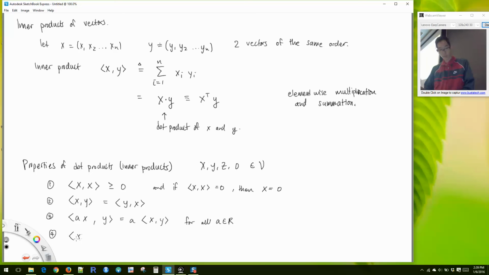And if we were to add x and y together and take an inner product with z, it's the same as x inner product z plus y inner product z. It's like this distributive property.